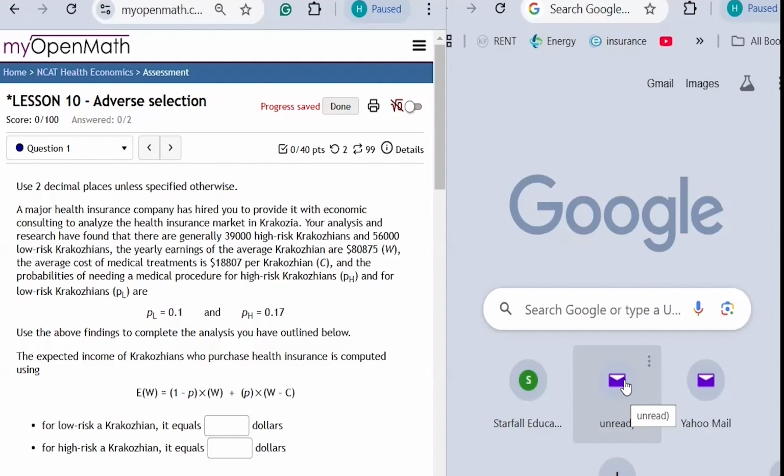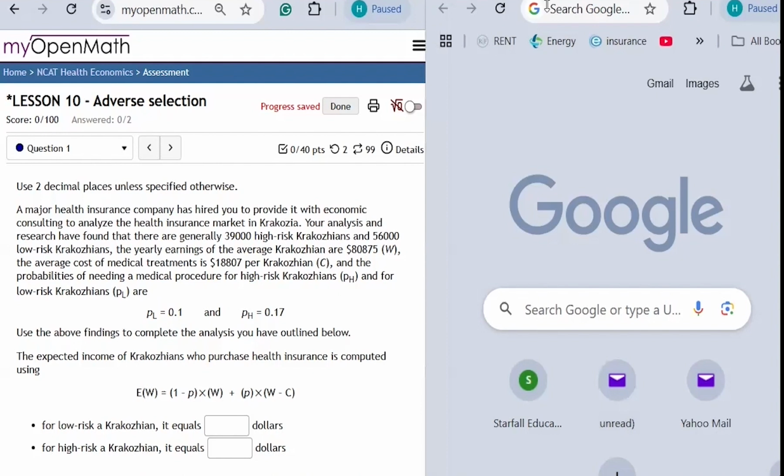And the probability of a high risk Caucasian needing a procedure is 17%. We're going to use these above numbers to first calculate the expected income of Caucasians who purchase health insurance. We're going to use this formula here to do that.